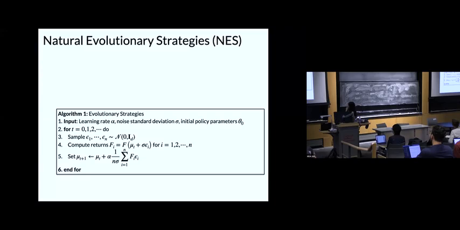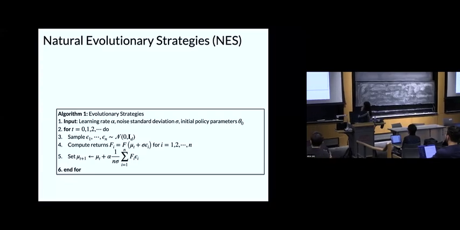The sigma seems to be constant; it is the noise standard deviation. So we compute the fitness scores, and then we update the mu in this way. Alpha is a learning rate: how much you want to update the mu vector at each iteration. N is the number of perturbations, the number of samples. What we had as the number of trajectories is now the number of parameter vectors.